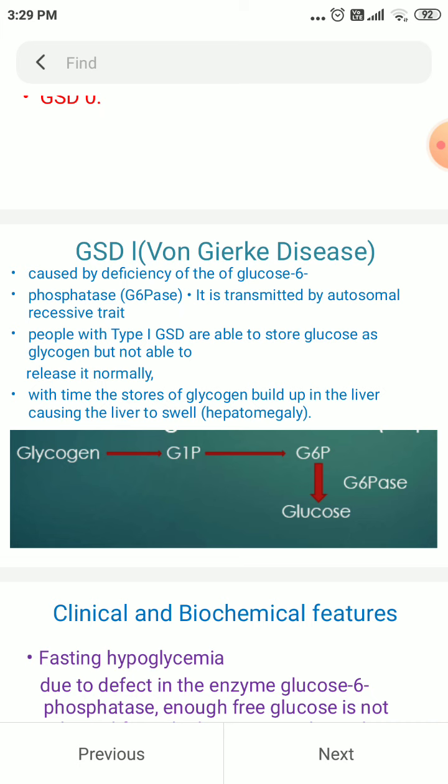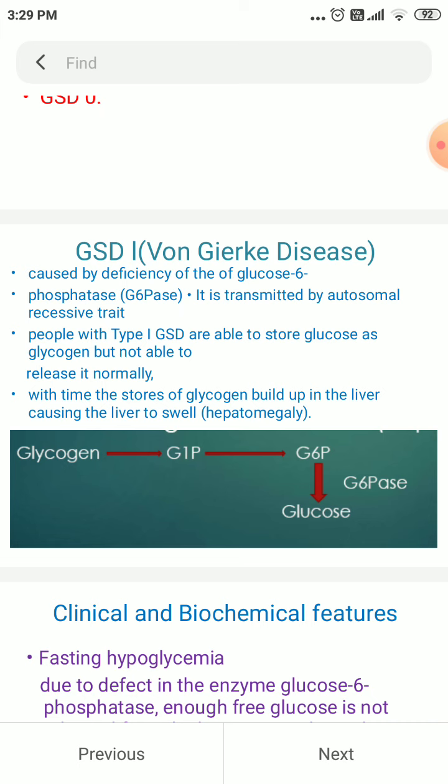The glucose 6-phosphatase enzyme plays a very important role in converting glucose 6-phosphate to glucose. So this enzyme deficiency leads to storage of glycogen as time proceeds, building up in the liver and resulting in hepatomegaly. That is what happens in von Gierke's disease.